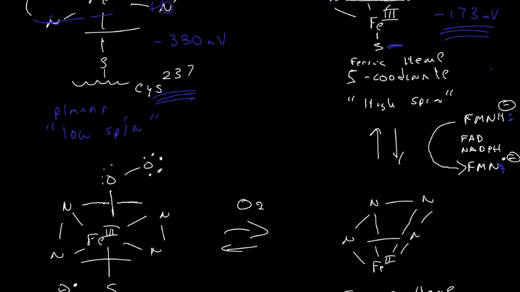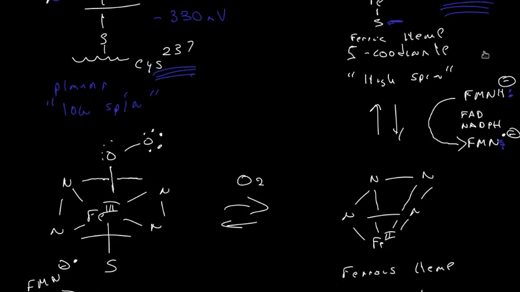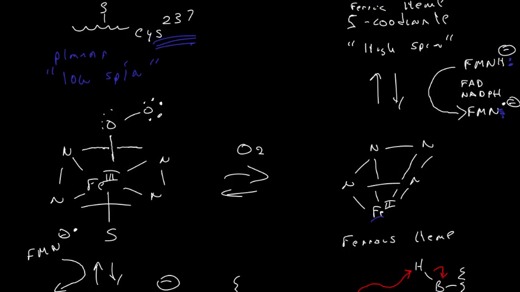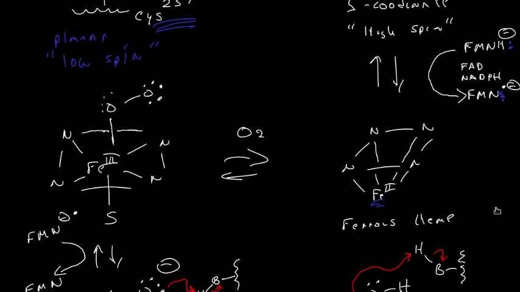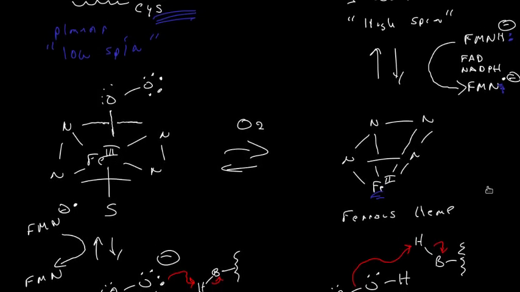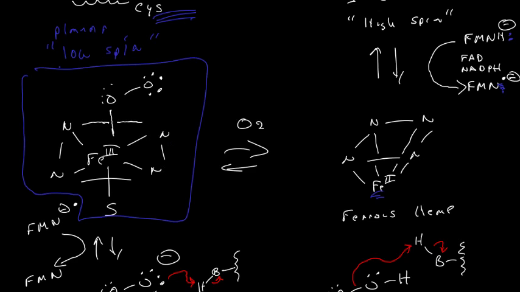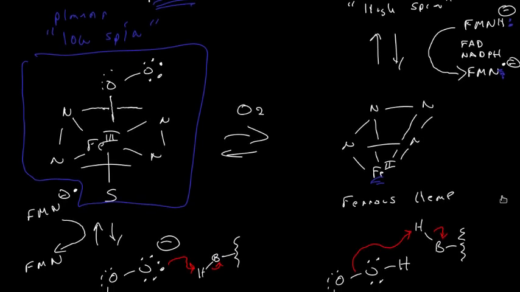But in this electron transfer, the iron becomes iron 2, ferrous HEME. Now this ferrous HEME reacts with molecular oxygen to form the first oxygen HEME species, this species here. Now this species is further reduced.